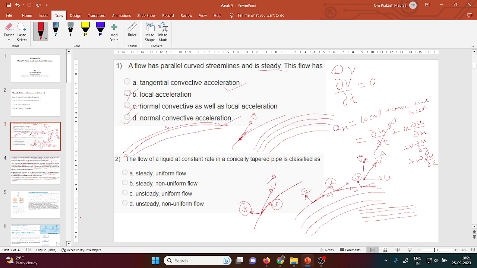Let's say the fluid particle is moving here, so the centrifugal force tries to move the fluid particle outward, and that is why there is fluctuation in the normal direction. So normal convective acceleration will be the correct answer for this question.